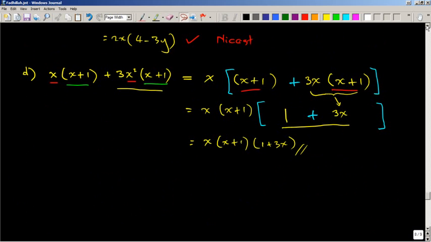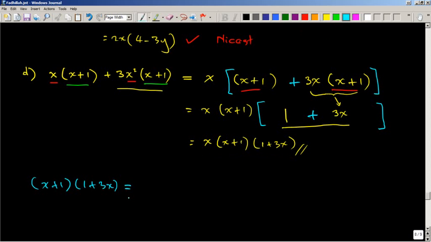So now I need to find the best way to explain. So if I want you to expand this one, but I don't want you to care about x first, yeah, so I just put x plus 1 plus 3x.